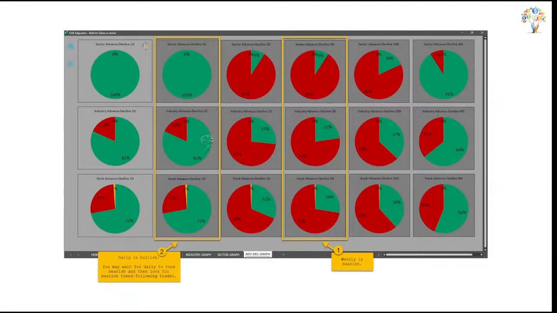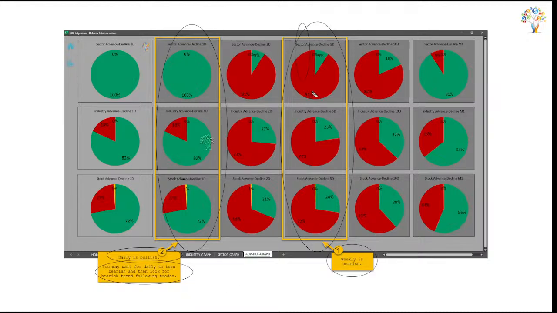This is an example. This is sector industry stock breadth. Weekly period is the 5-day period. Here it is bearish. Daily period is bullish. Weekly is bearish, daily is bullish. Then you may wait for the daily to turn bearish again and then look for bearish trend following short trades.